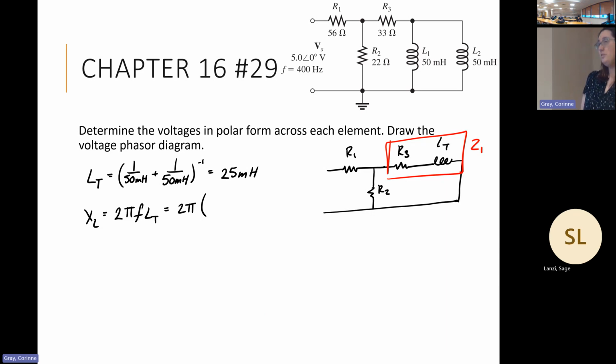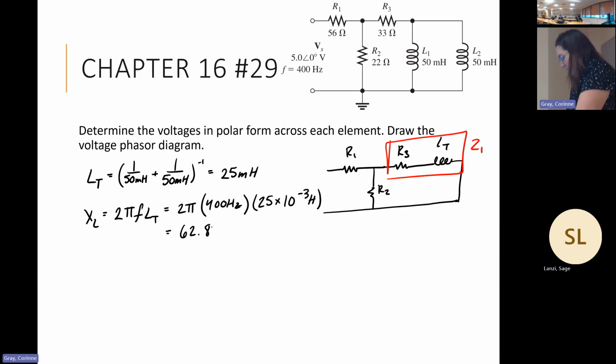We have just hertz given. So we'll have 400 hertz and 25 times 10 to the -3 henries. Taking that and plugging it in, that's going to be 62.8312. You can also figure it out and leave the pi in there, it doesn't matter. This is going to pop out in ohms.